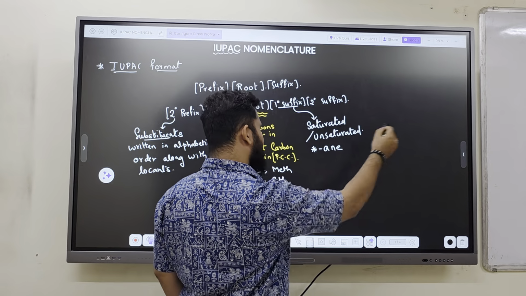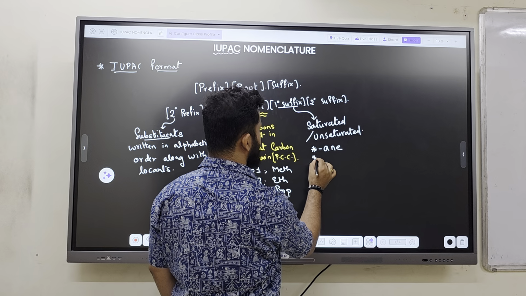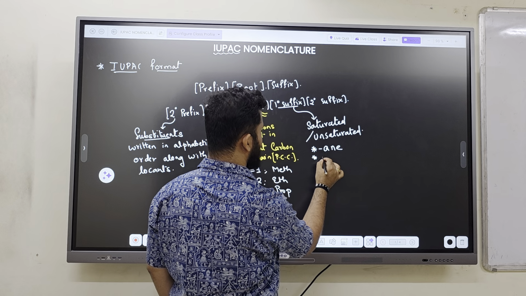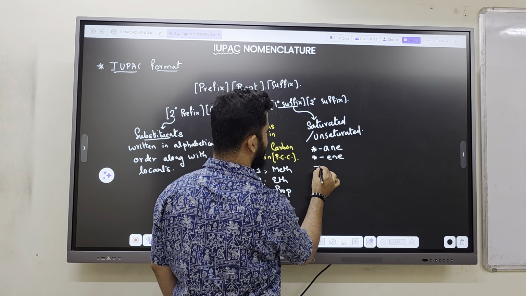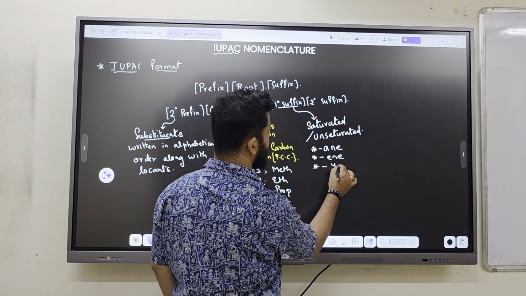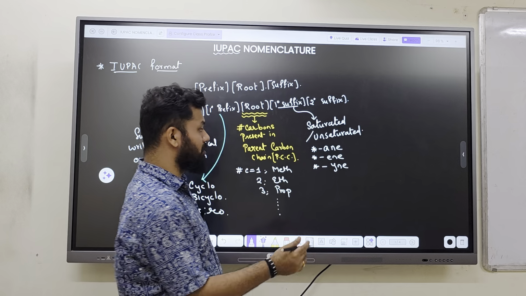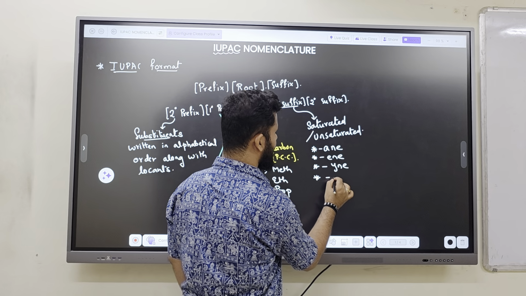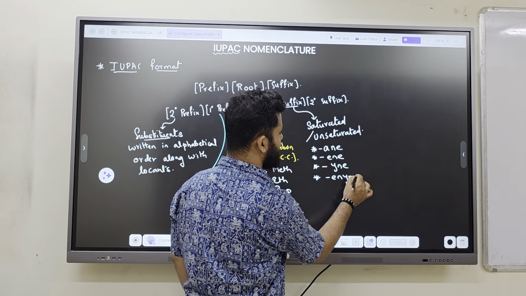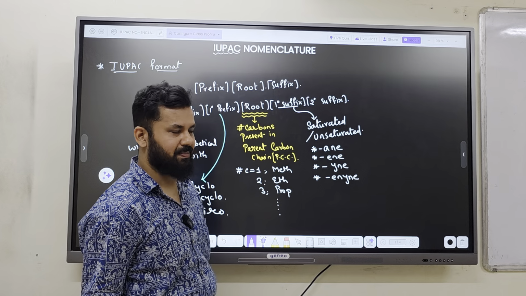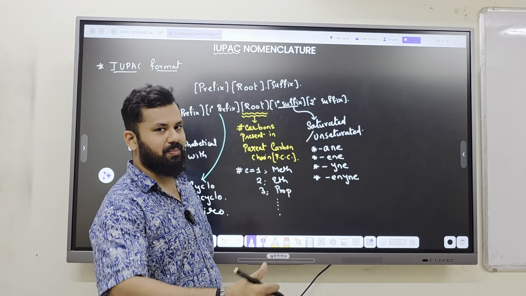So if they all are single bonded, then ane. If there is at least one double bond, then ene. If there is at least one triple bond, then yne. If there is a double bond also and there is a triple bond also, then what? Then it would be ene, yne. Both will be there.